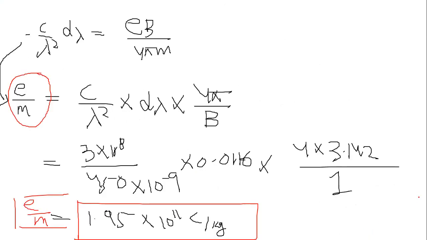Then d nu equals minus c by lambda square d lambda equals Eb by 4 pi m, and from that we can calculate E by M, which will be c by lambda square into d lambda into 4 pi by b. When we put all the values, we get the ratio 1.95 into 10 to the power 11 coulomb per kg.